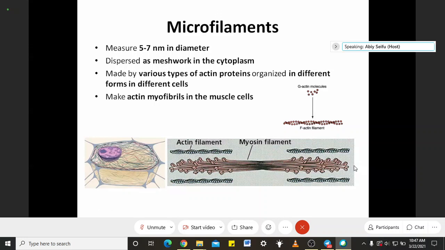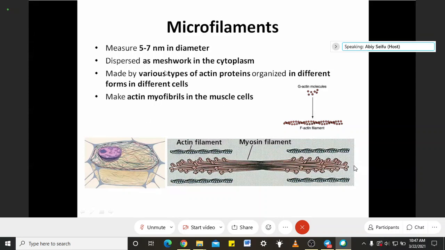You know how much a nanometer is? It's a billionth of a meter.